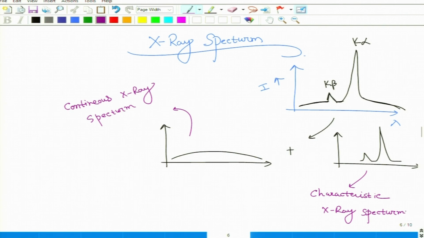The reasons behind these two spectra are very, very different. Again, let me write it, lambda, intensity. This is for the molybdenum, right?